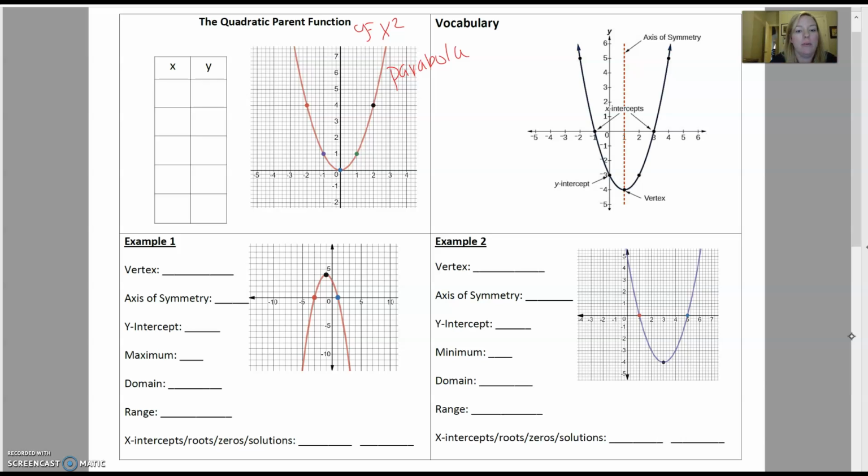All right, so if we were to fill in the little common table, this point right here would be at -2, 4. Then we'd have another point at -1, 1. We'd have a point at 0, 0. We'd have a point at 1, 1, and a point at 2, 4. So notice the symmetry in the numbers.